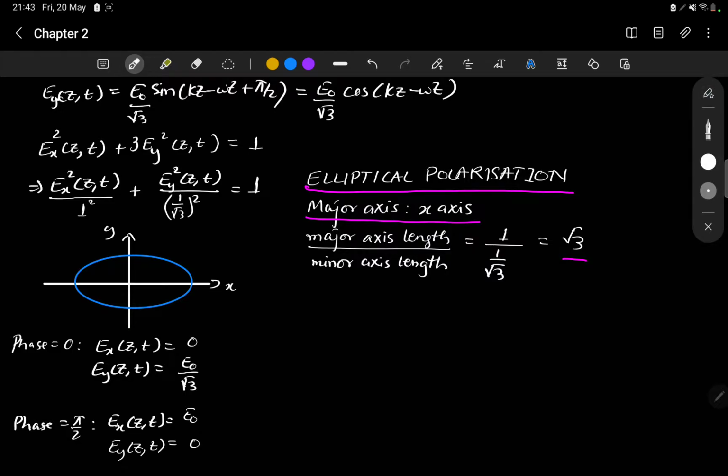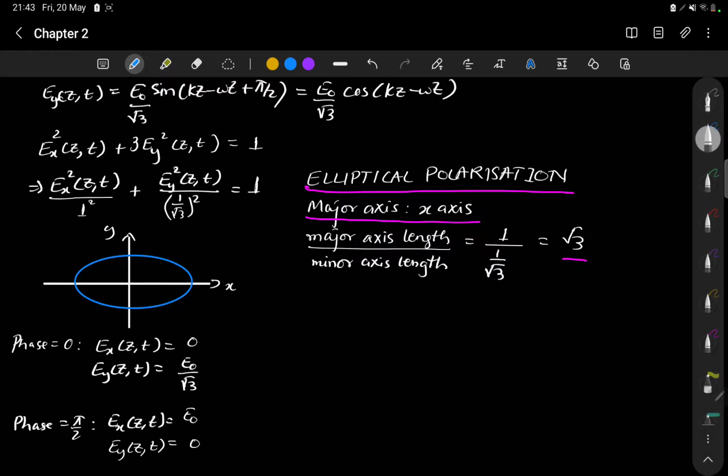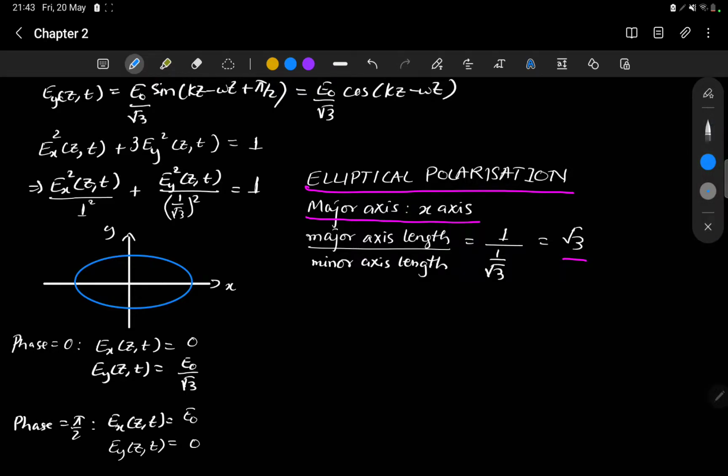So let us look at these points. So at phase 0, this is the point. This is for phase 0. And for phase pi by 2, we are at this point.